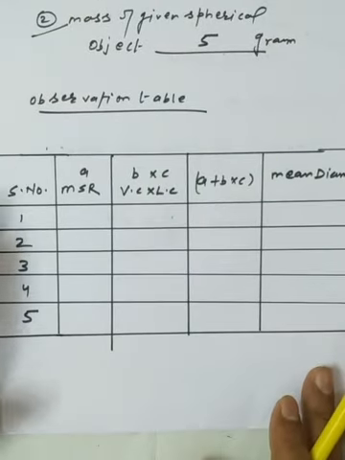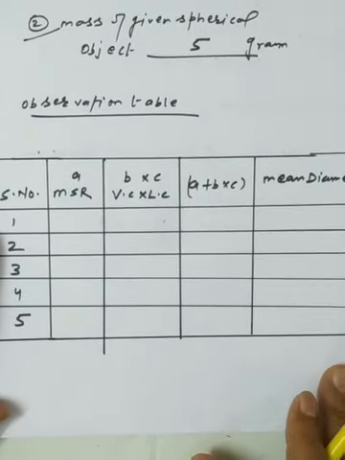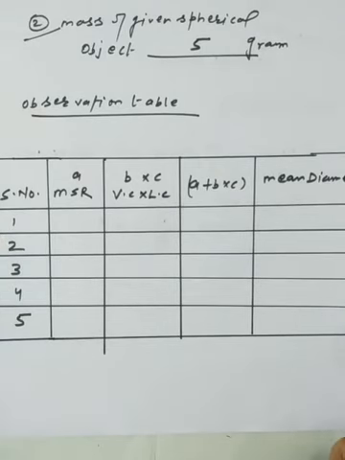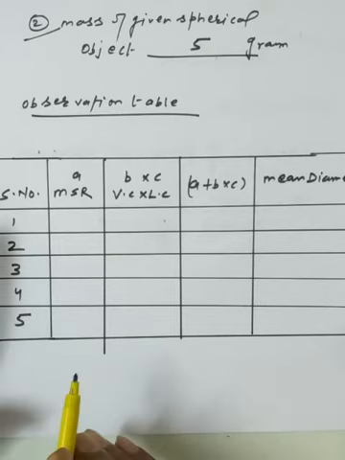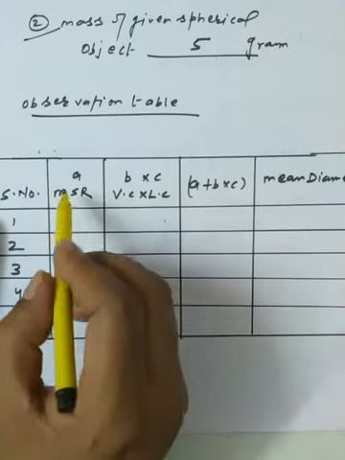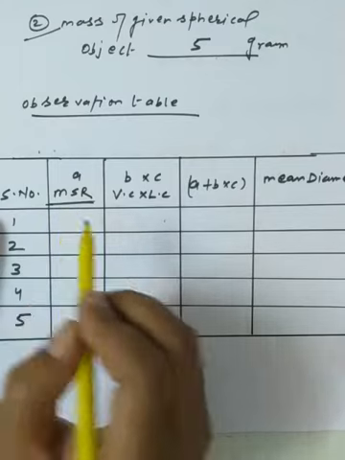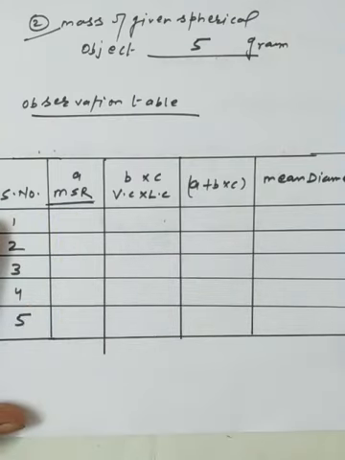Next, the task is to draw the table. Last time we have discussed the table also, and I am giving the suggestion that inside the book many other things are also attached in the part of the table. So here we have concluded the very basic table. First I have mentioned the MSR, which means main scale reading.